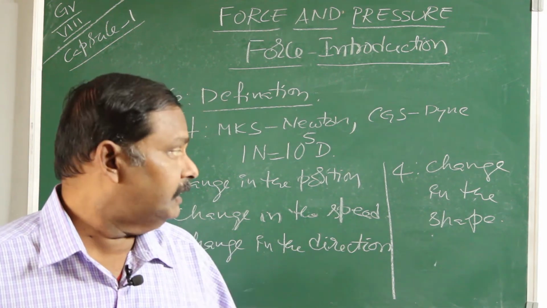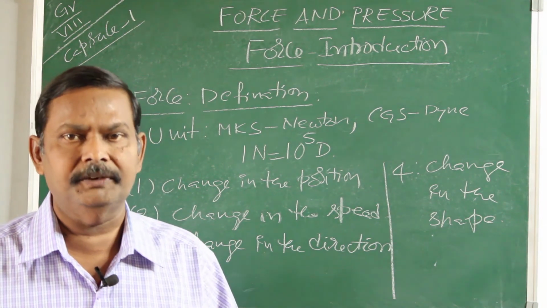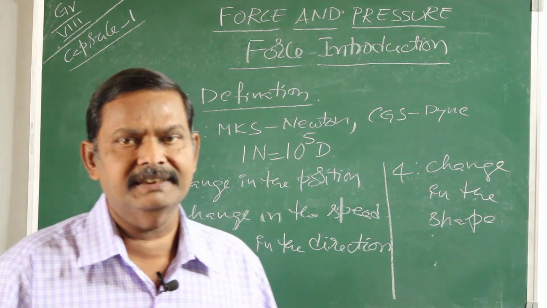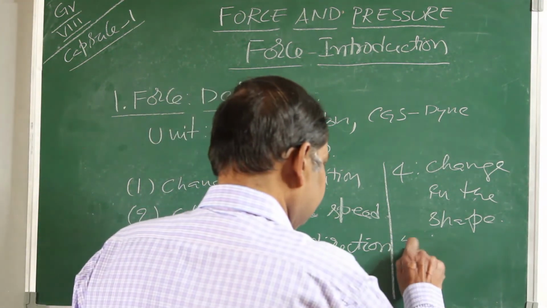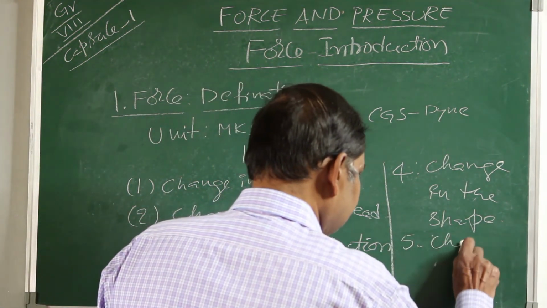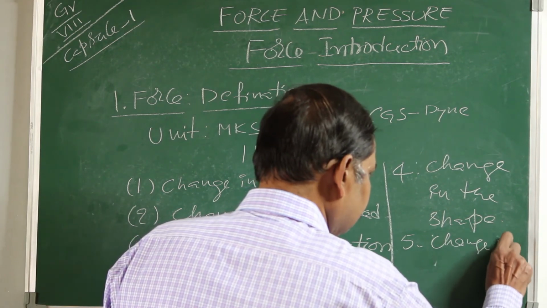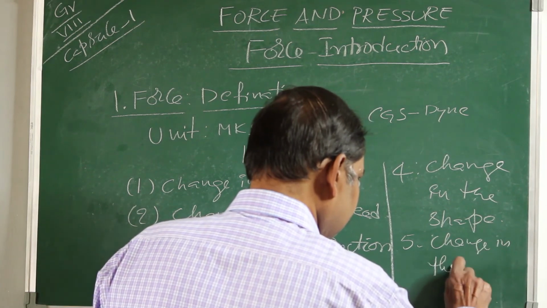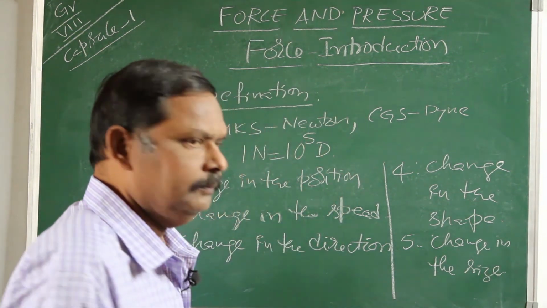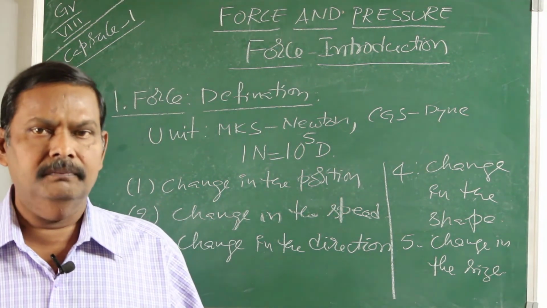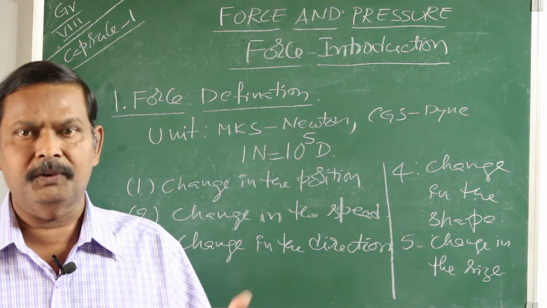So the fourth effect is change in the shape, and the last, fifth effect is change in the size. So let us take a sheet of sponge.